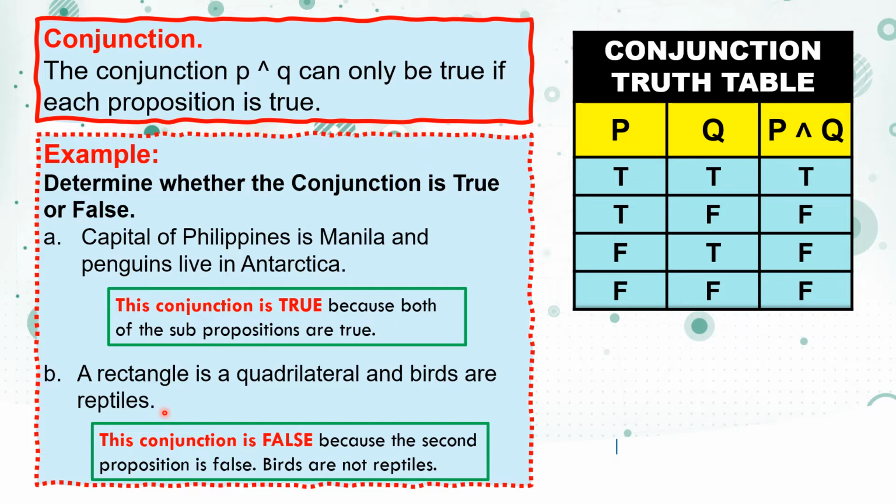Pero yung ating first proposition, a rectangle is quadrilateral, is true. Since true at false siya, so ang ating conjunction is false. I repeat, magiging true lamang ang ating conjunction pag parehong true yung ating proposition.